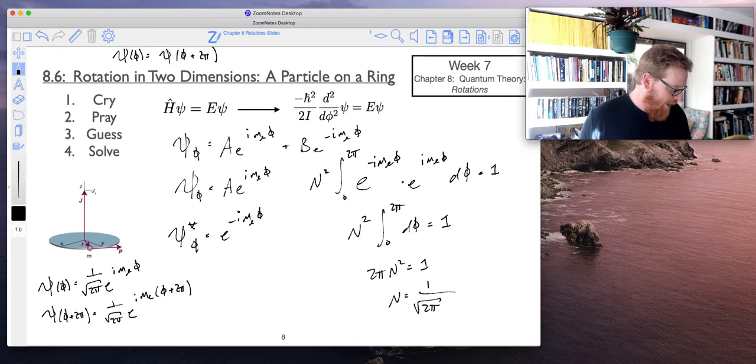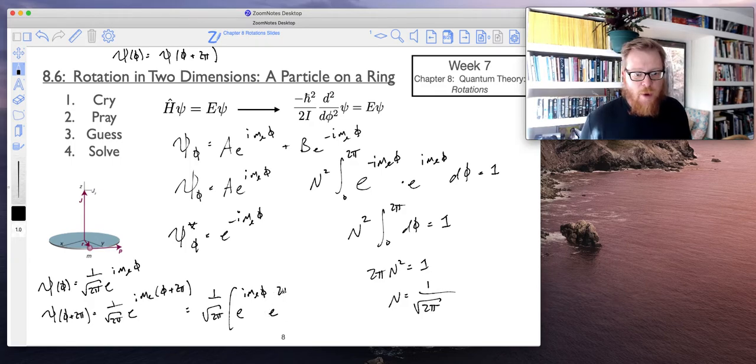And what do we get out of this thing? Well, we can do some algebra on this. I can write this as 1 over root 2 pi times e to the i m_l phi times e to the 2 pi i m_l.